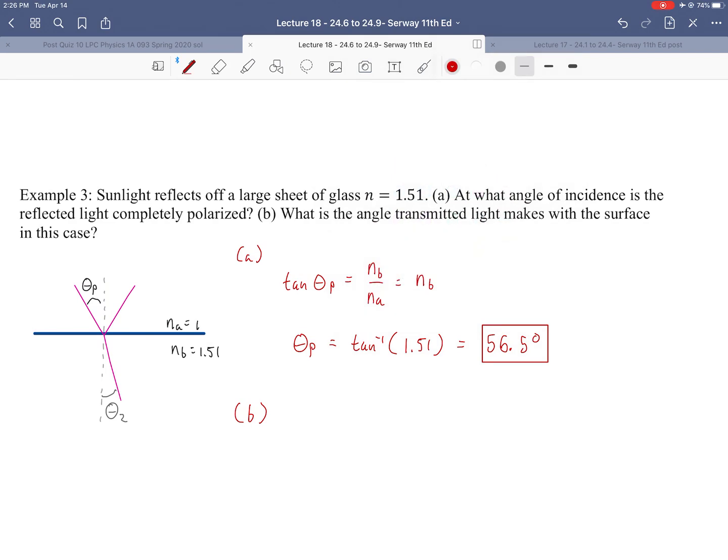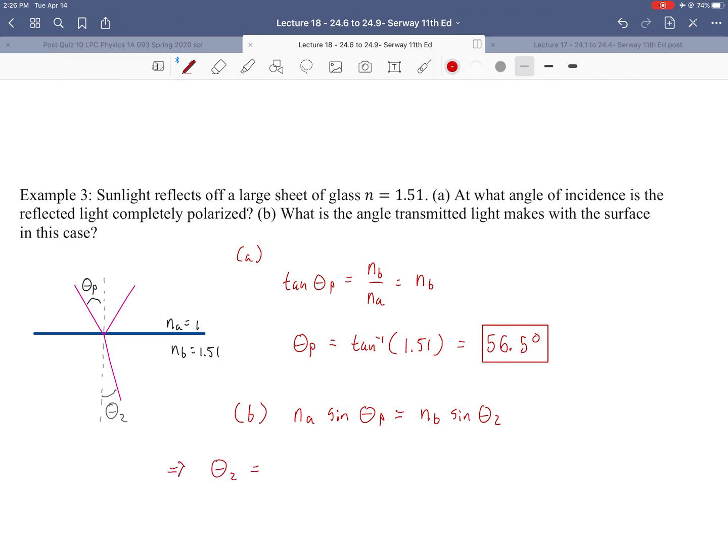So using Snell's law, we've got N1 or NA sine theta p, which we found in part A, equals NB sine of theta 2. And so then we just want to solve for theta 2.